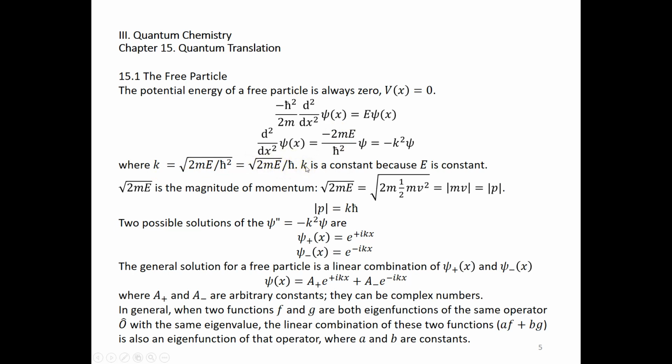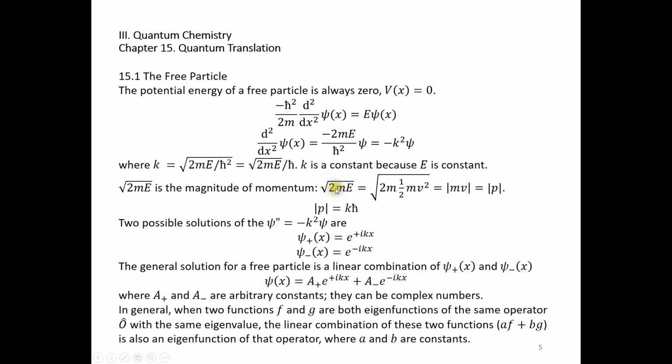This k is a constant because E, the energy of the system, is a constant for the time independent Schrodinger equation. The mass is of course a constant. And this is also the magnitude of the momentum, because in this case for a free particle its total energy is the kinetic energy.